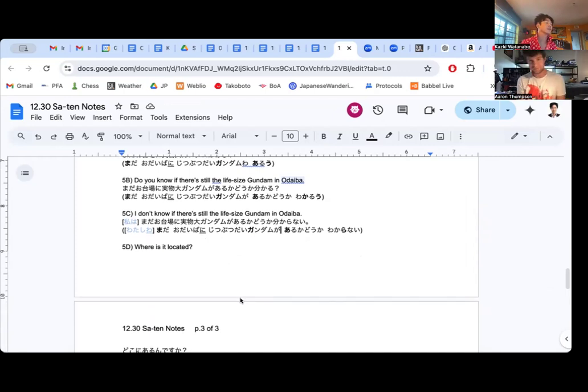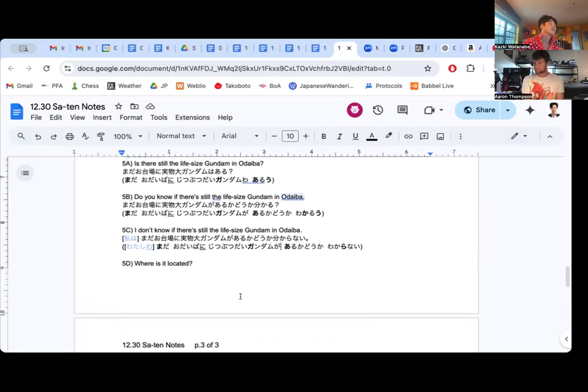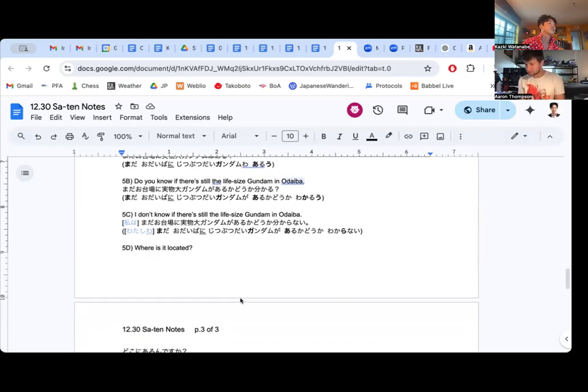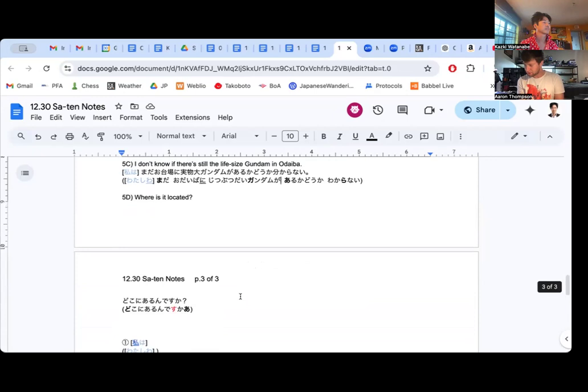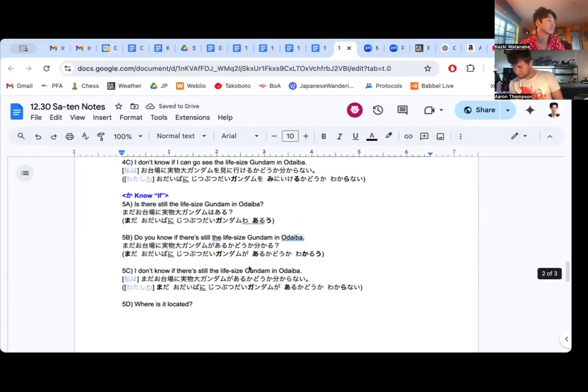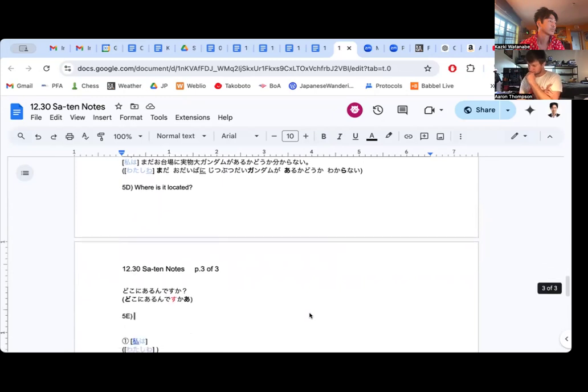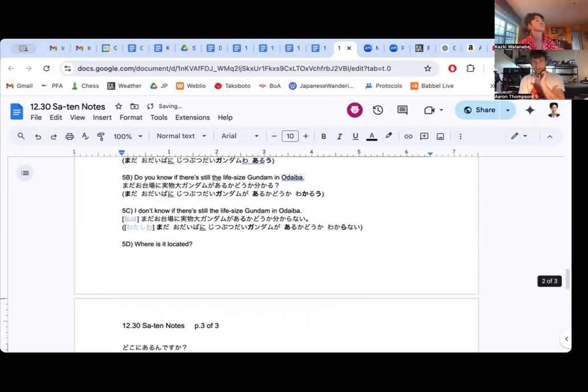Okay, well, just improvise. Do you know if there is still the life-size? Go. まだお台場に実物大ガンダムはあるかどうかわかる？ Okay.